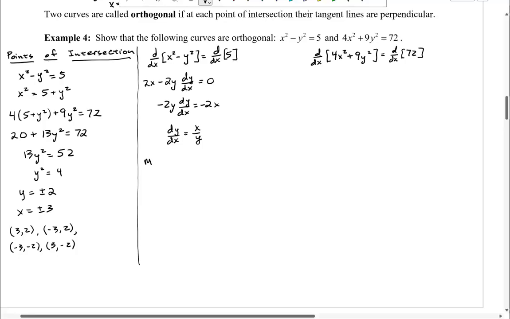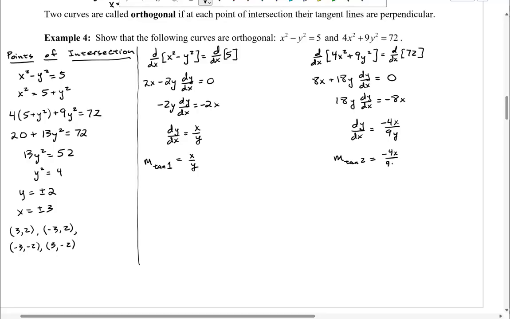So the slopes of the tangents for the first curve, which I'm going to notate with m sub tan 1, is x over y. Now we do the same sort of thing with the second curve. So the slopes of the tangent lines to the second curve are negative 4x over 9y.